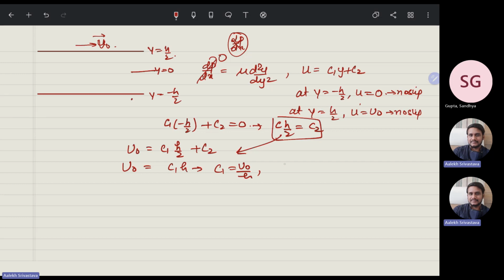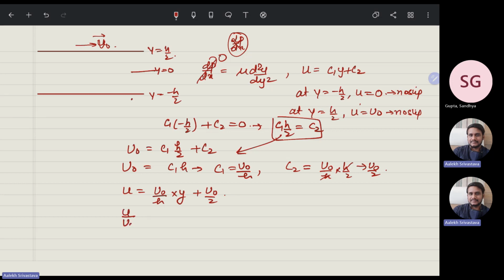And C2 is u naught by h into h by 2, so it is u naught by 2. So your velocity is u is equal to u0 by h into y plus u0 by 2. Okay, so this is your velocity component.